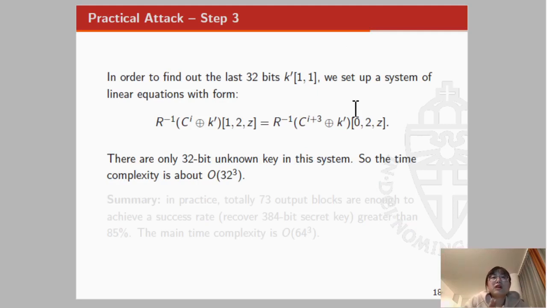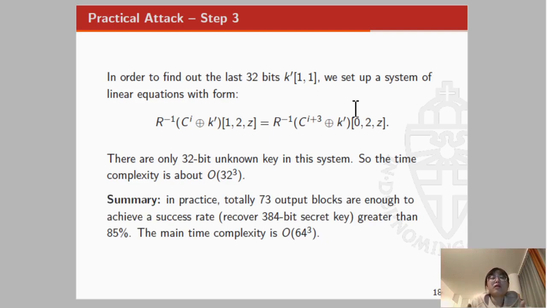In order to find out the last 32 bits k, we set up a system of linear equations with such form, and in this system there are only 32 unknown bits involved in it. Until then, we can recover all k-bits. The whole attack has been verified in practice.